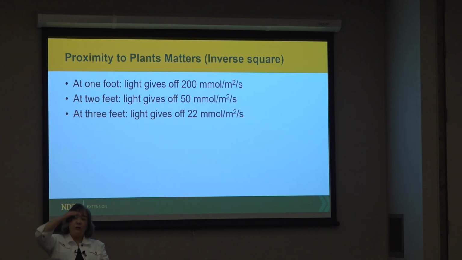If you move that to the 2 foot level above your plant, you're only going to have 1/4 of that light. So 50 micromoles, and that's because the light is being dispersed. It's not just going straight down, but now that it's higher, it's being dispersed over a greater area. If you raise that to the 3 foot level, you're getting 1/9 of the light, hence the inverse square.